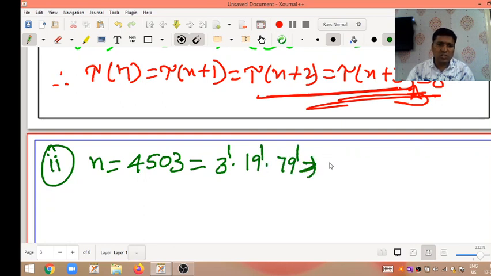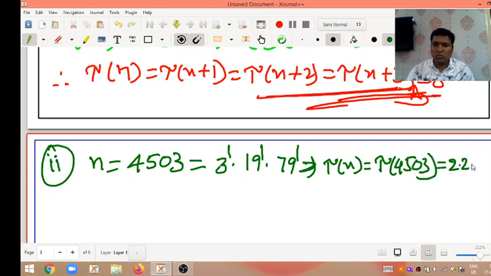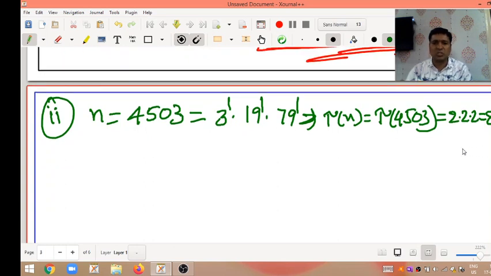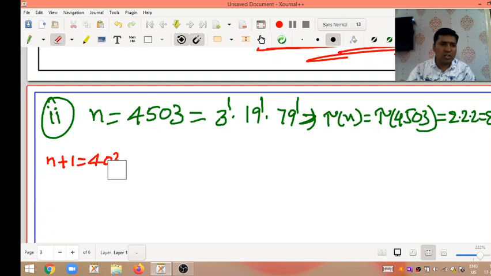So that's why d(n) is equal to d(4503), that is 2 into 2 into 2, that is equal to 8, my dear students. Next, n plus 1 is equal to 4503 plus 1, how much? 4504.